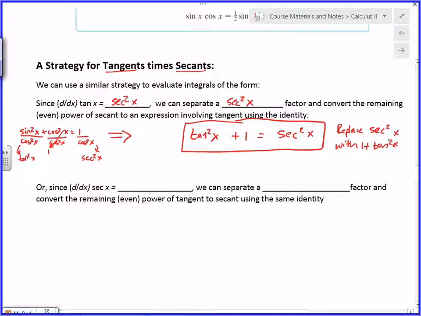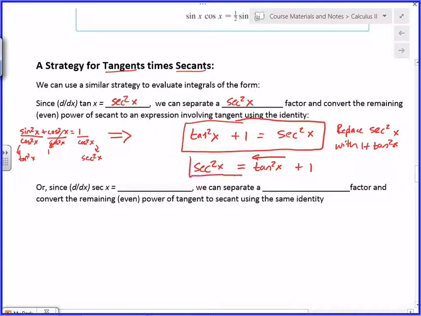And so tangent squared x plus 1 equals secant squared? Yes. Yep. So anytime I see tangent squared x plus 1, I can change it. But really, we're going to be going the other way. So really, what you care about is taking the secant squareds and replacing them with tangent squareds of x plus 1.